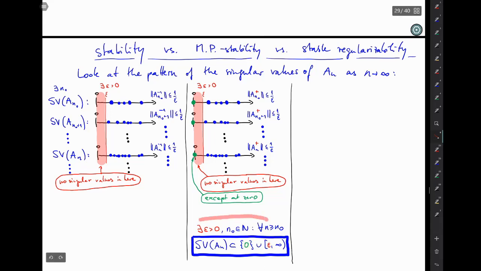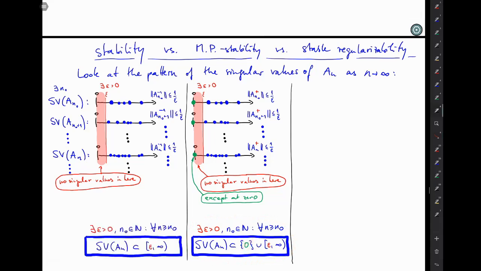For stability, we have pretty much the same statement, only that now 0 is not allowed. Okay, so that was stability and Moore-Penrose-stability.